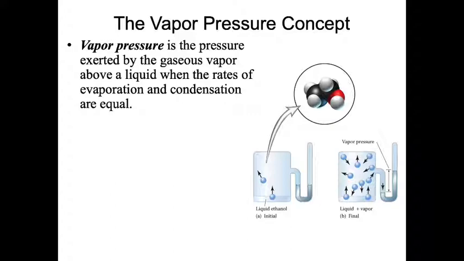The left side is pushing harder on the liquid, causing the liquid to go down on the left and go up on the right. That difference is what we can call our vapor pressure. So if you think about your gas just pushing on the liquid, the more it pushes, the further from the liquid phase it gets.